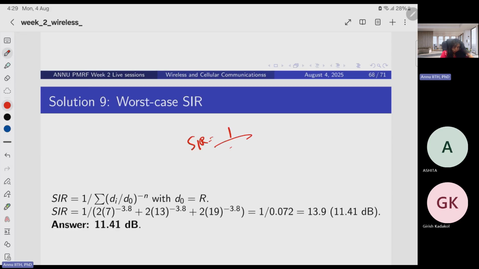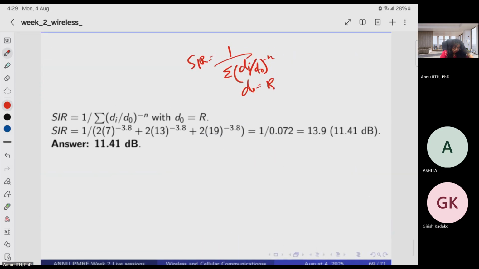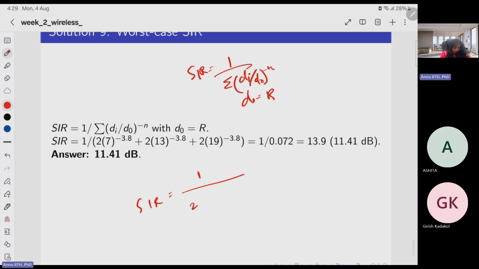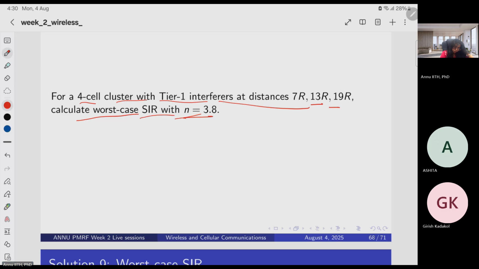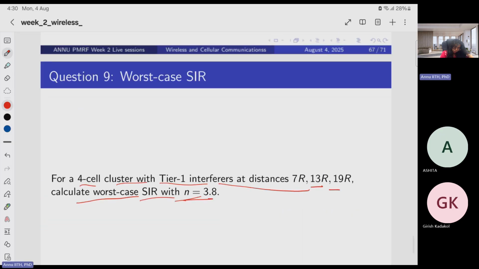SIR is equal to 1 upon 2 (di by d0) to the power minus n, where d0 is equal to R. So SIR is equal to 1 upon, R is 7, the distances 7, 13, 19.